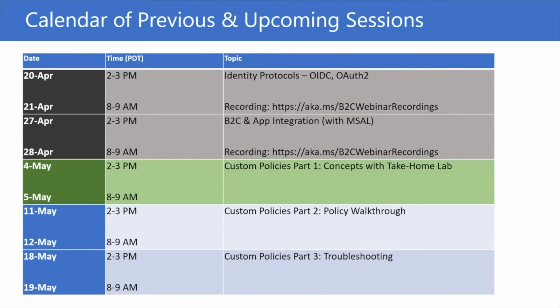Our session here in green, Custom Policies Part 1, is concepts with a take-home lab. Next week, we'll dive into a more thorough walkthrough of the policy that's at the center of our take-home lab today. And the final week in the series, we'll be discussing troubleshooting and other techniques involved in working with Azure AD B2C custom policies.